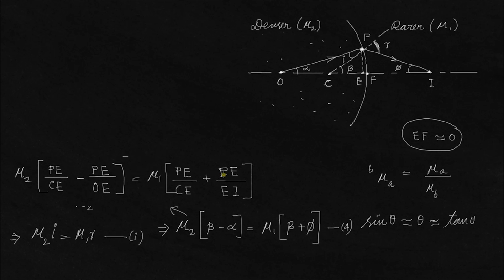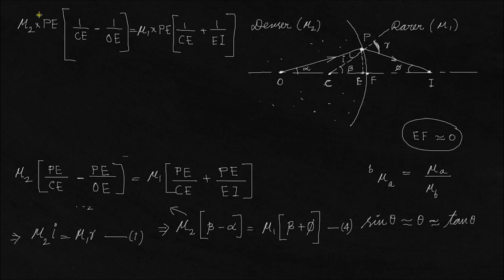Here PE is common in every term, so I can take that out. So mu2 into PE in the brackets, it will be 1 by CE minus 1 by OE, is equal to mu1 into PE times 1 by CE plus 1 by EI.